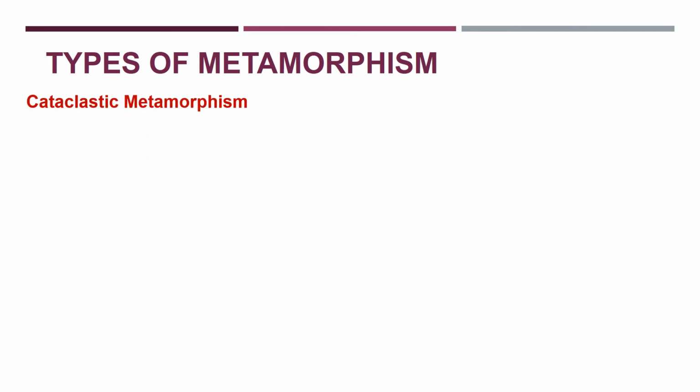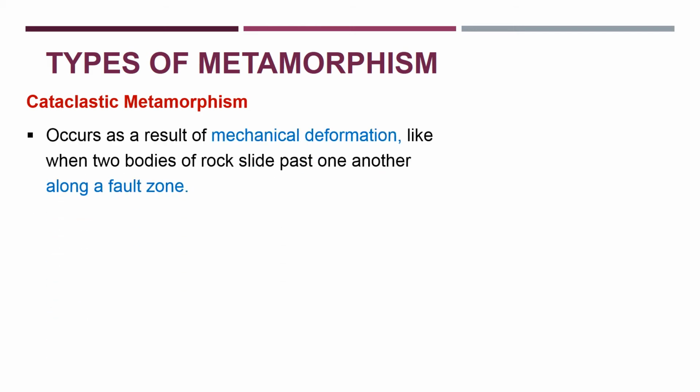The third type of metamorphism is called cataclastic, or sometimes dynamic metamorphism. From its name, it gives the impression that it includes movement. It is a result of mechanical deformation, like when two bodies of rock slide past one another along, for example, a fault zone.